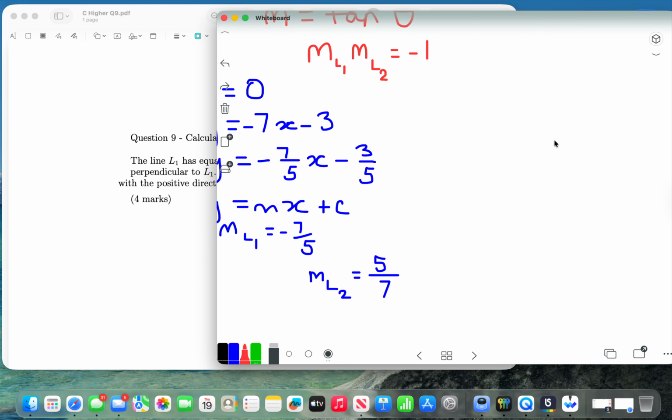Let's do a sketch. So this is the y-axis and this is the x-axis, and it's not a perfect sketch, but suppose this is L1 and this is L2.